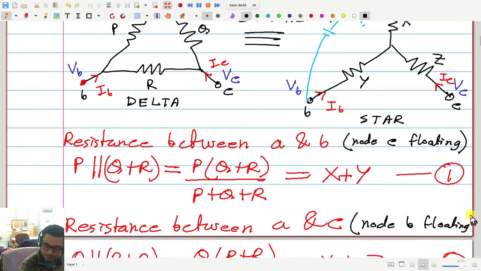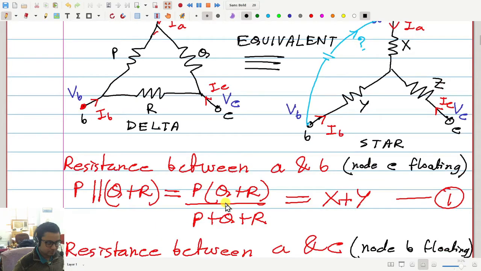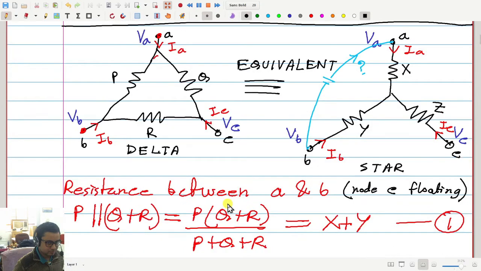Sir, in these situations, is it possible to avoid forming these star and delta formations? Can we avoid using these formulas? So you have basically two questions. One question is, can we solve a circuit without using this star delta conversion?